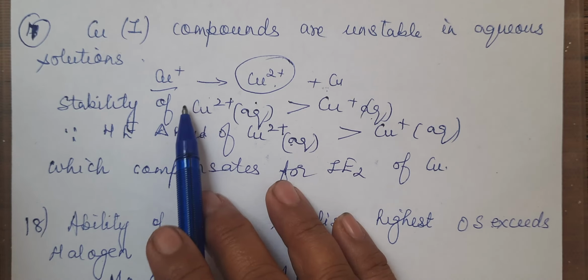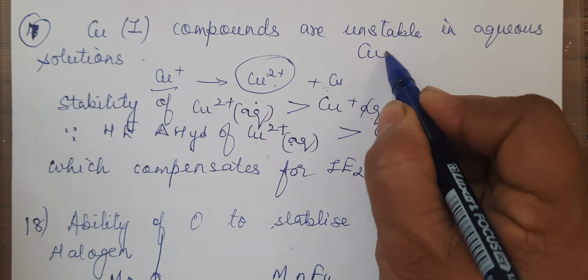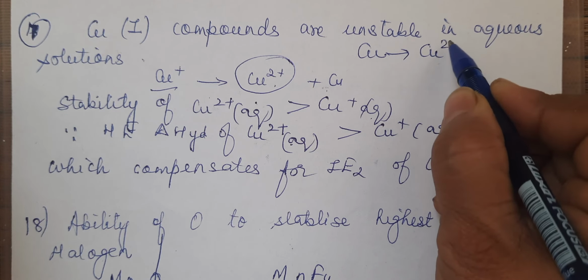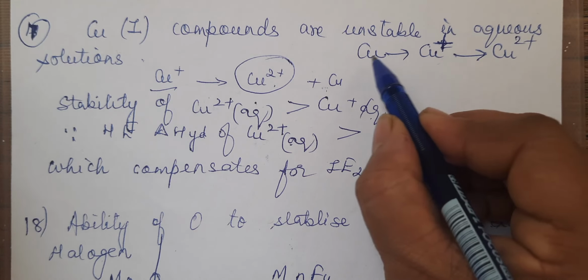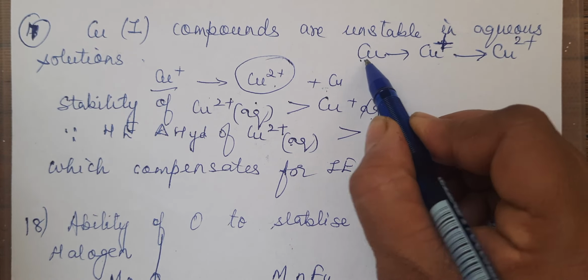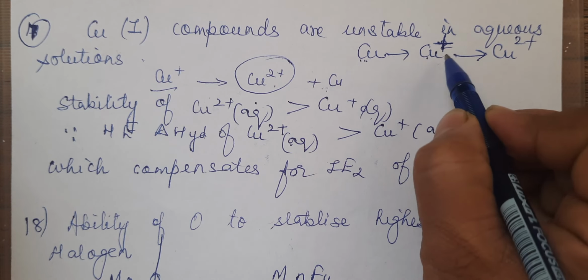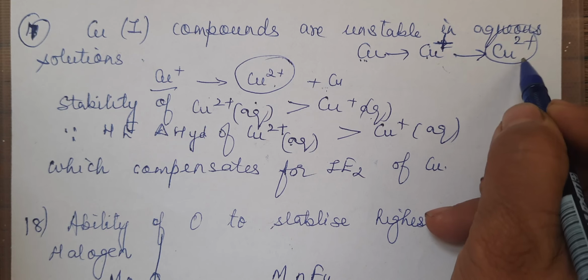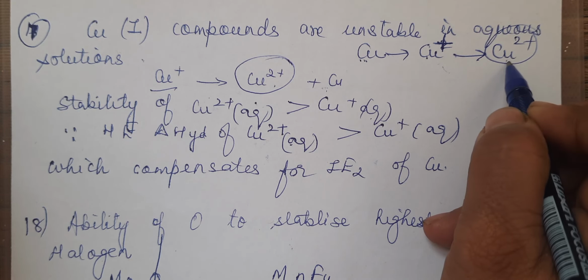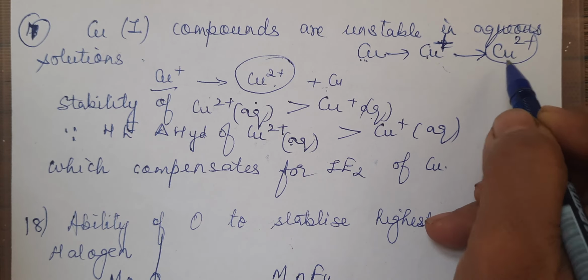Now, obviously, if you start from Cu, you know first Cu+ will be formed. Then Cu2+ will be formed. That means if we start from here, first ionization energy will be less, second will be more. So that means this formation in terms of ionization energy, this is not favorable. Then what is more favorable for this one?